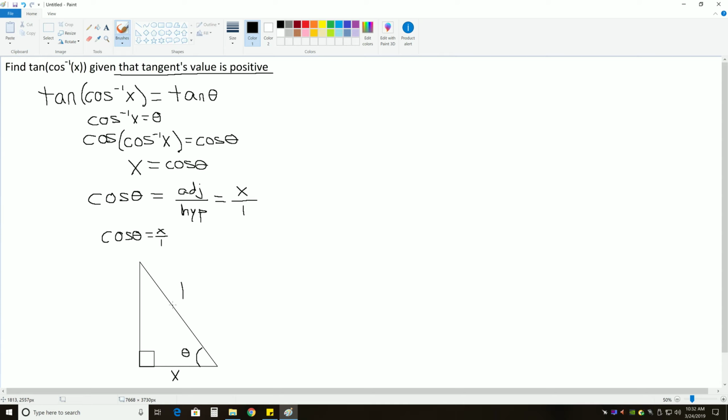Now, from here, in order to find tangent of theta, we know that tangent of theta is equal to the opposite over the adjacent on our triangle. So if we can find this opposite side, we already have the adjacent side. That would give us the value of tangent of this angle theta, which would then give us the value of tangent of cosine inverse of x, since cosine inverse of x is equal to theta.